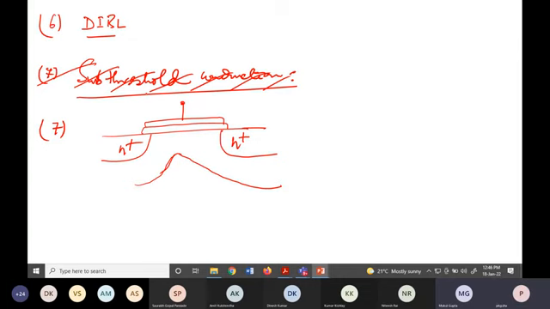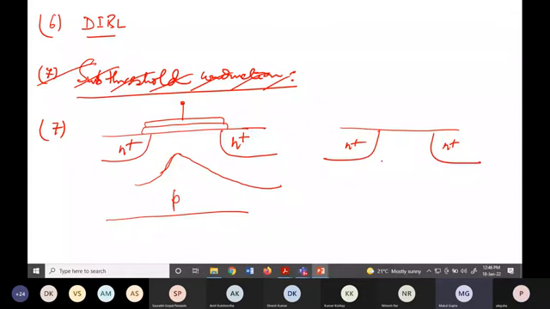This merging you can stop by increasing the substrate doping. Now you shouldn't increase the doping of the whole substrate, because that has some other implications. What you can do is put higher doping near the source or near the drain.